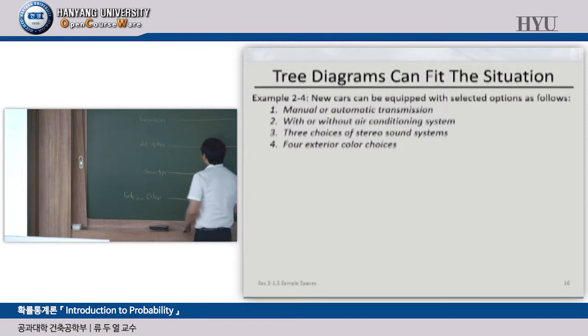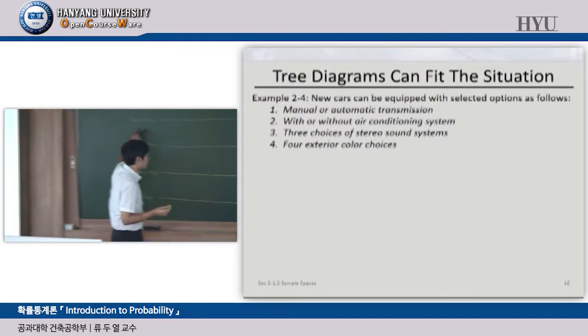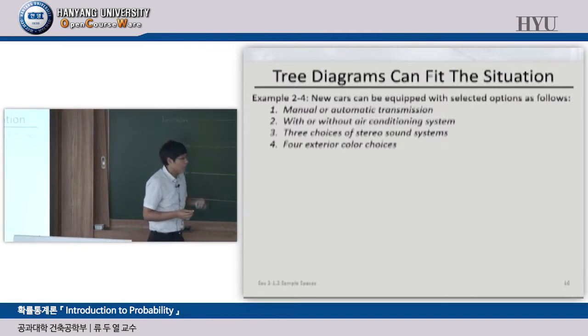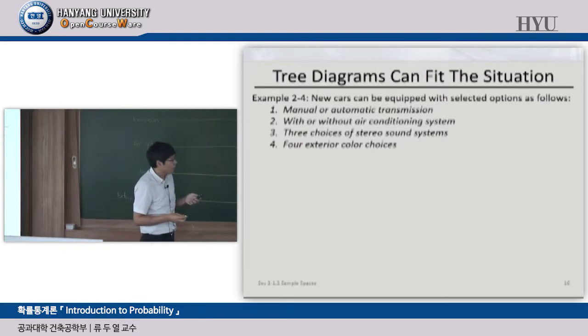And firstly, we are going to start with the transmission. We have two types of the transmission. First one is the manual transmission, and the second one is the automatic transmission.